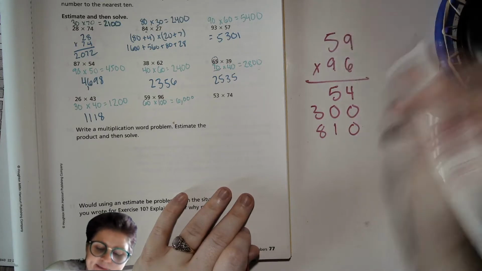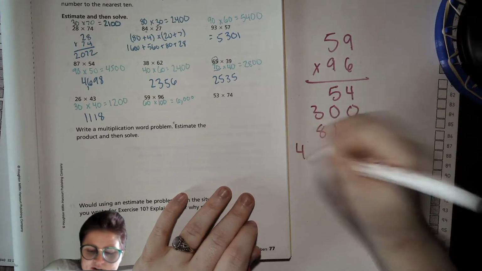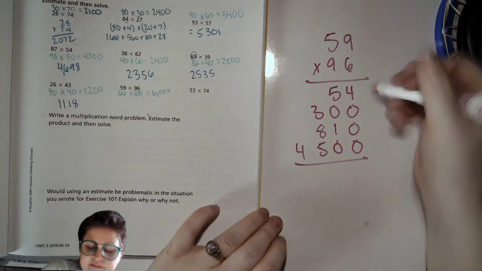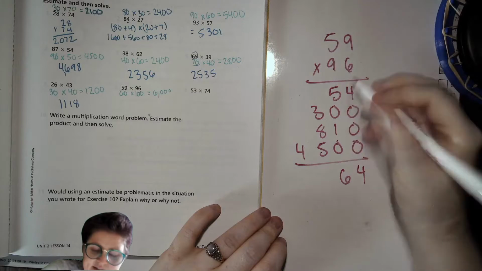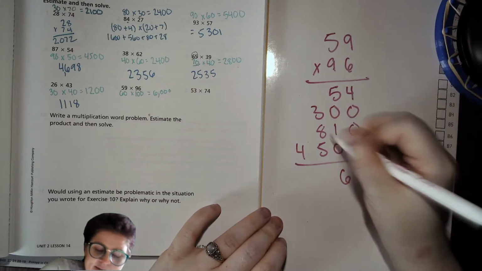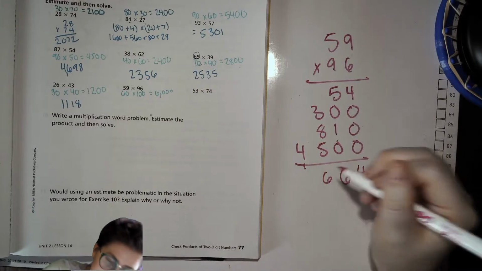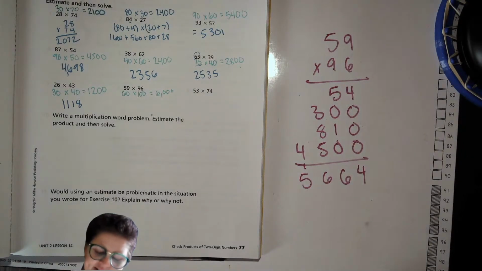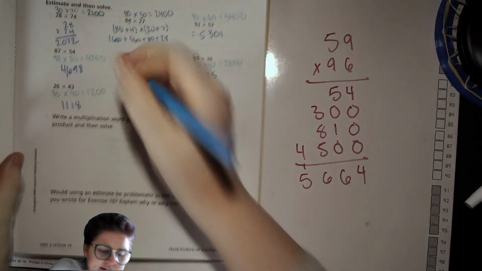And 90 times 50, 4,500. 4, 6. 8 plus 8 is 16. So 5,664. Pretty close.